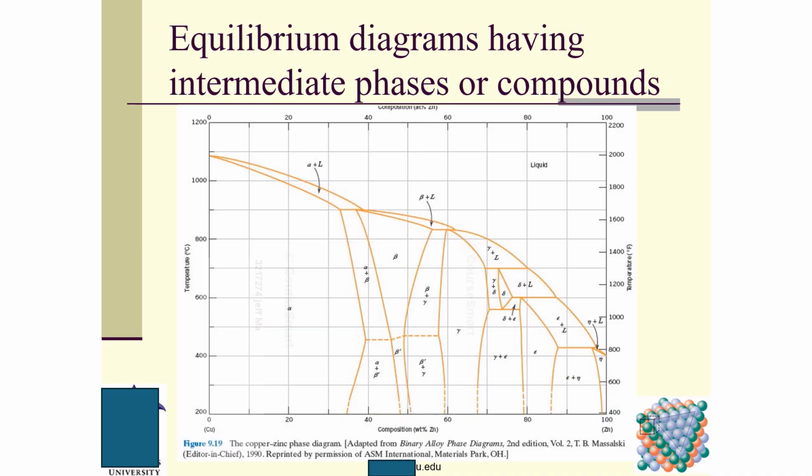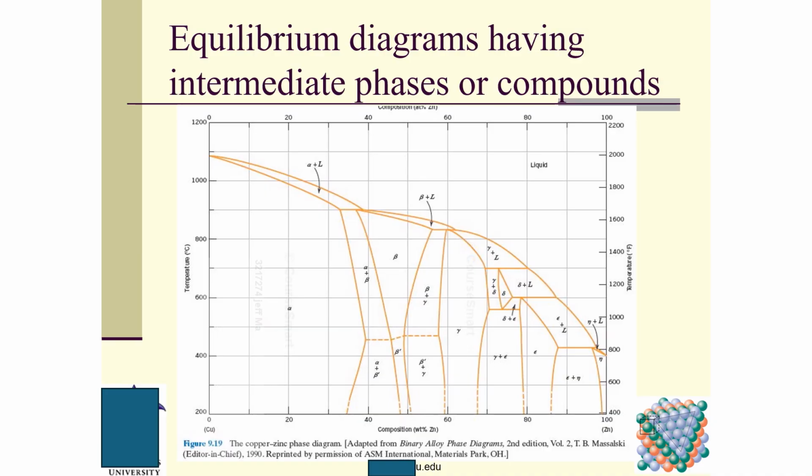This is a very small area, eta plus L, and here is the eta. This is alpha, and this is eta. You can see so many different phase fields, and it is a very complicated material. Any questions so far?